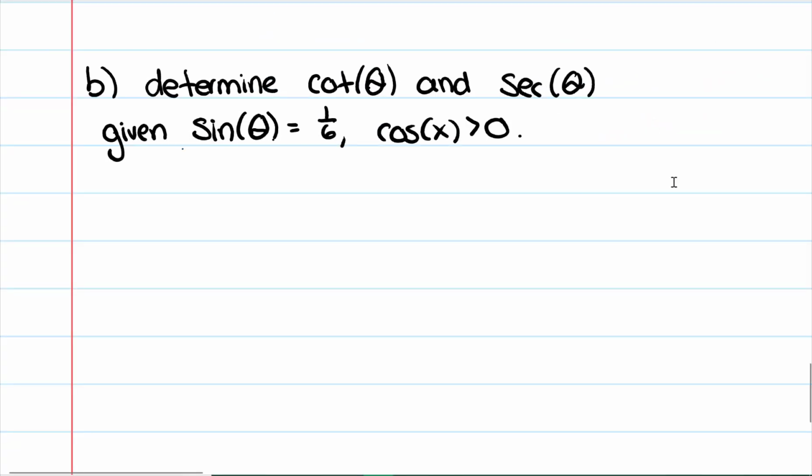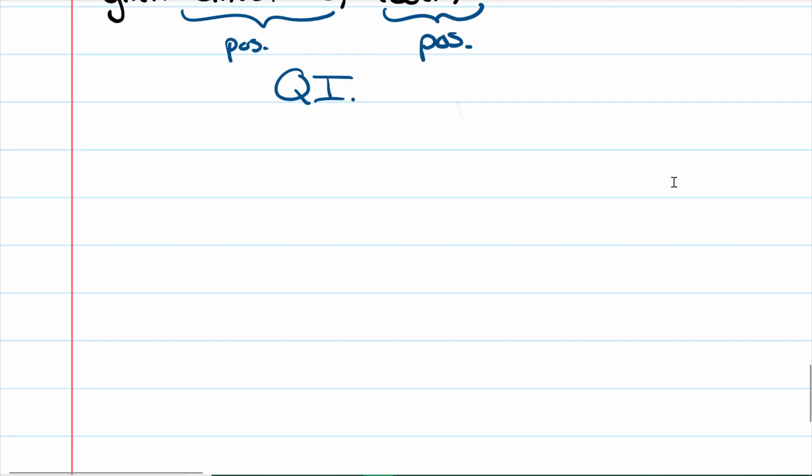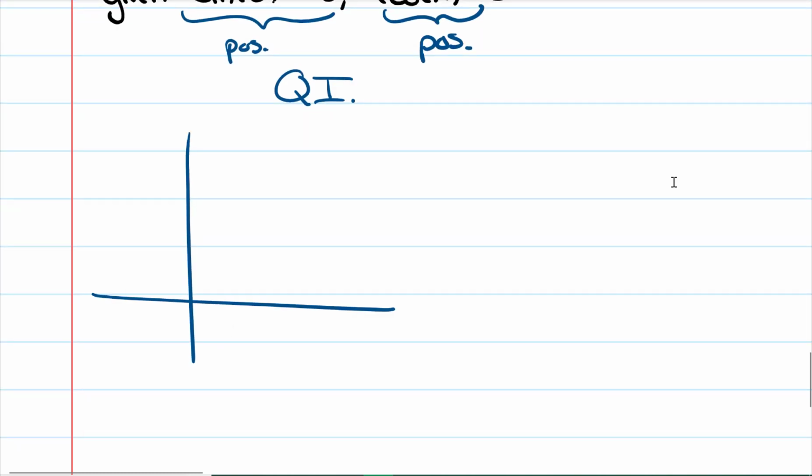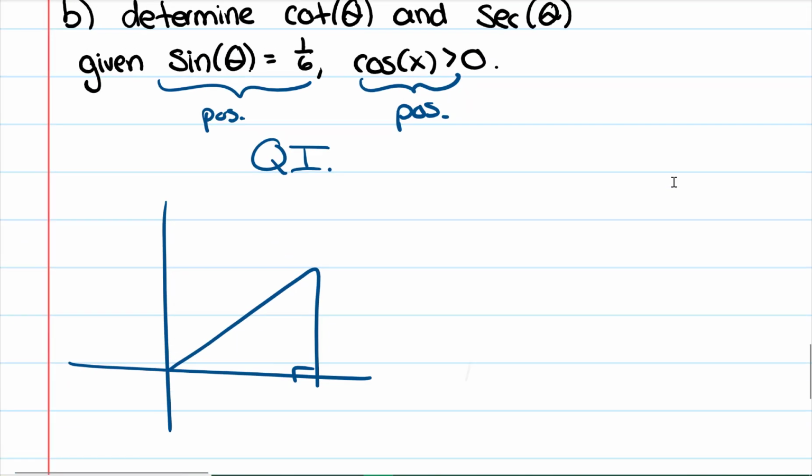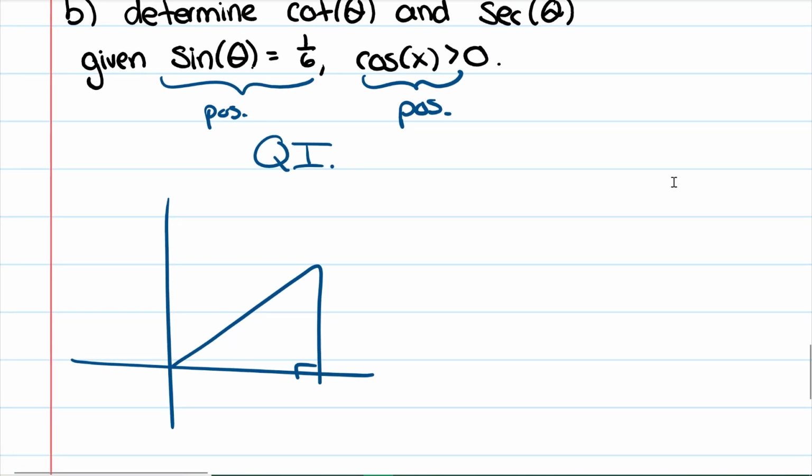So I know that sine is positive, and I know cosine is positive. So based on this, I know we're going to be in quadrant 1. So I go ahead and draw my triangle. And sine is going to be y over r. So I get 1 and a 6. So I need to solve for this side right here.